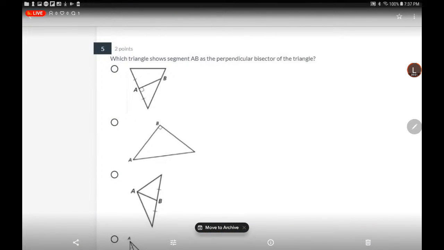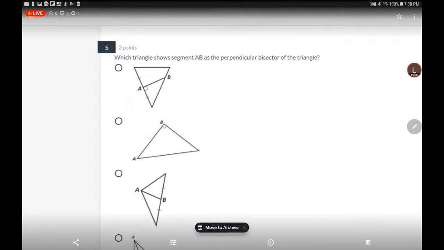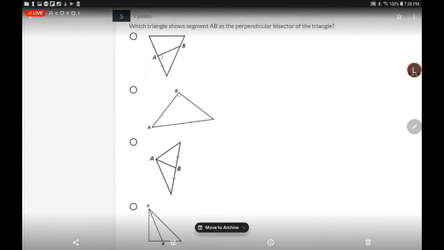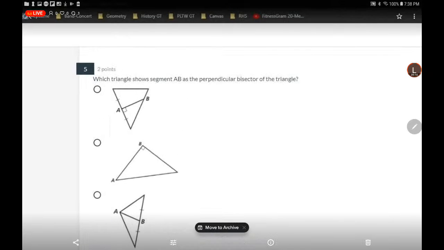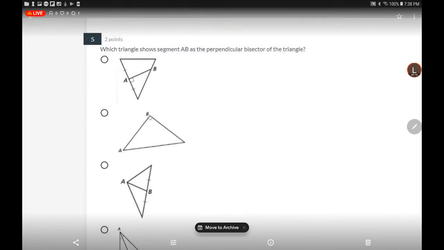What triangle shows segment AB as the perpendicular bisector of the triangle? There's no such thing as a perpendicular bisector of a triangle. AB is a perpendicular.